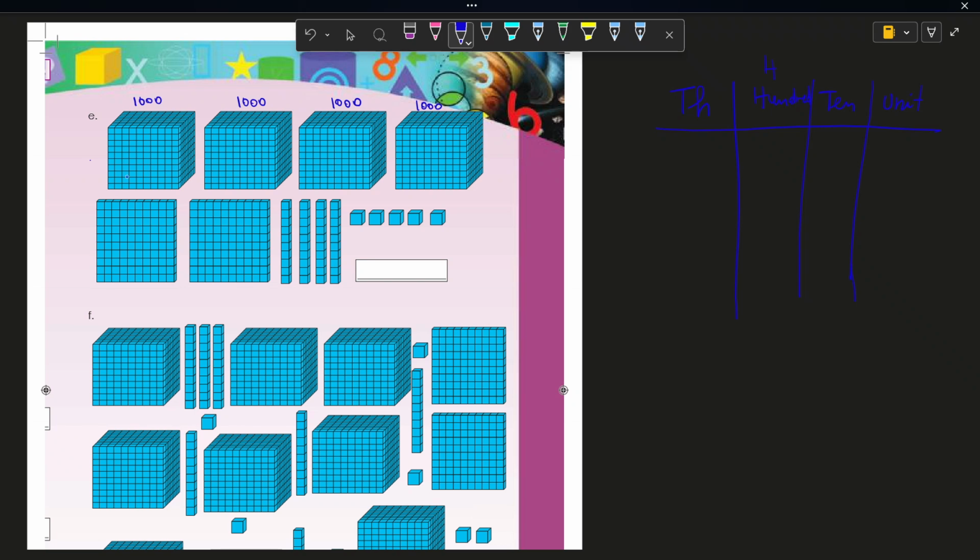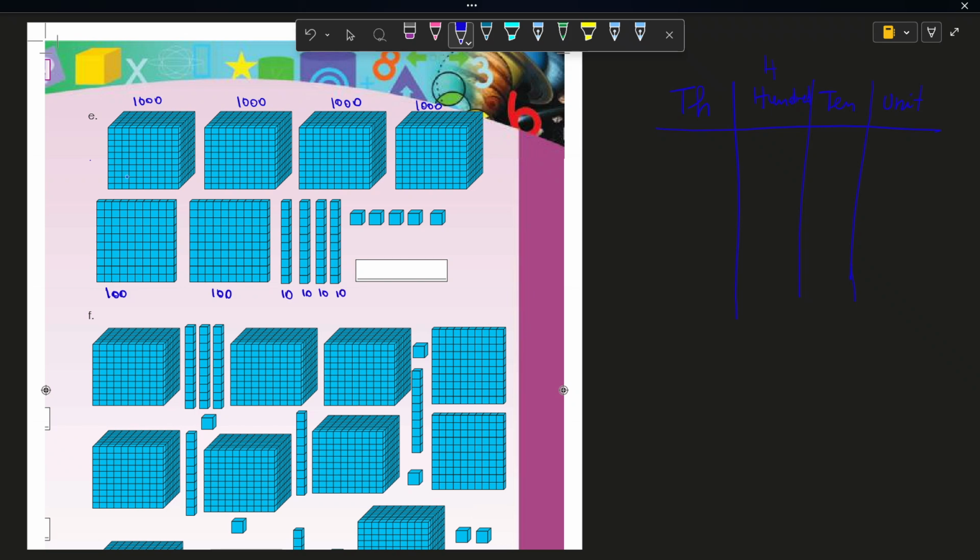So this is 100. The next one is also 100. What about this that looks like a stick? This one is called a 10, right? It's a 10. The next shape is also a 10. Next one is a 10. The other one is also a 10.